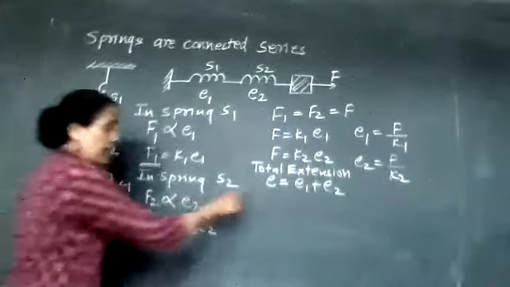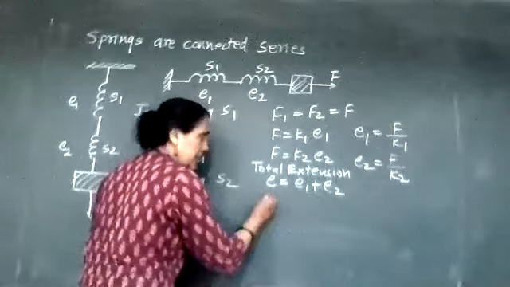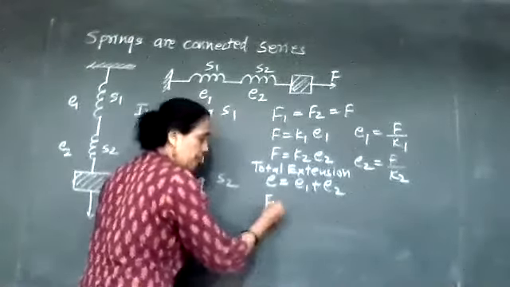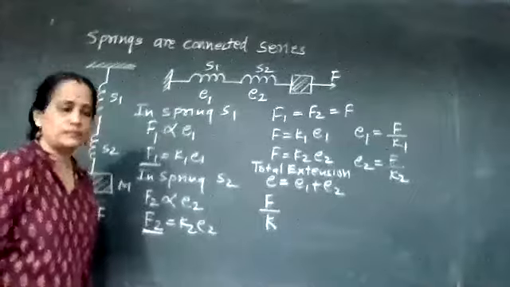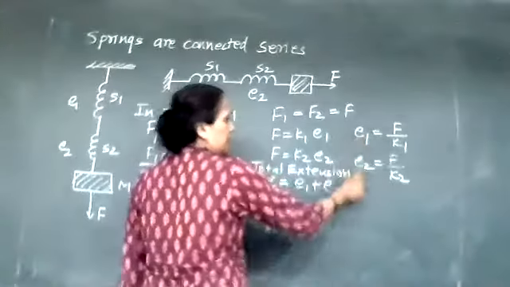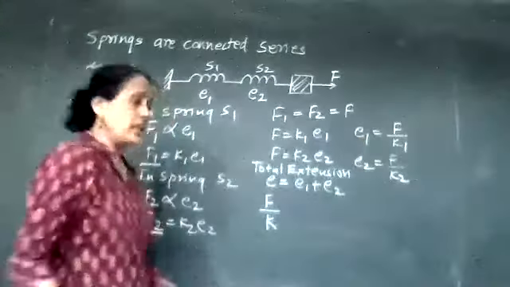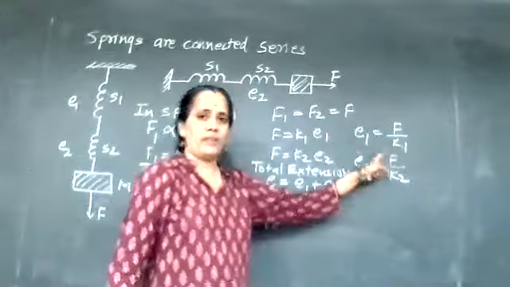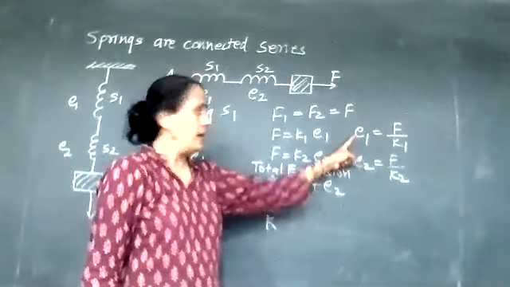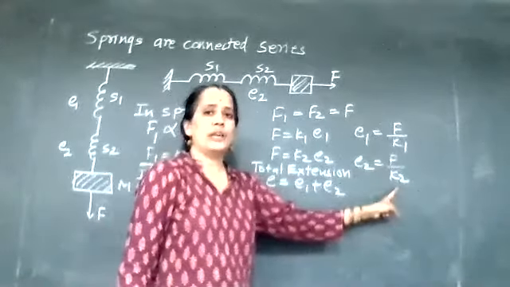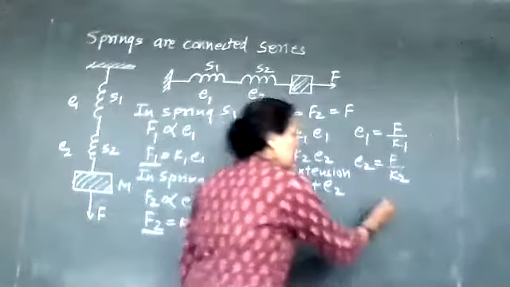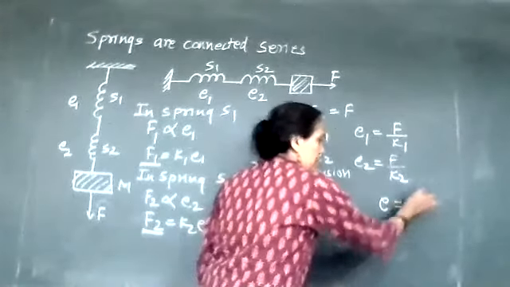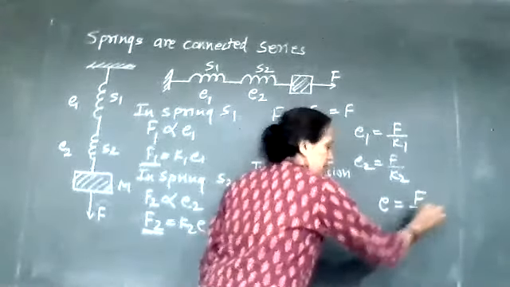F. So the value of E is nothing but F divided by the resultant force constant. Here E1 is equal to F upon K1, the extension in the first spring, and E2 is equal to F upon K2, the extension in the second spring. So the total extension E can be written as total force applied divided by the resultant force constant.